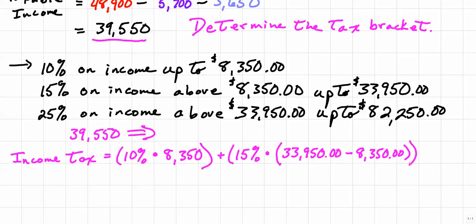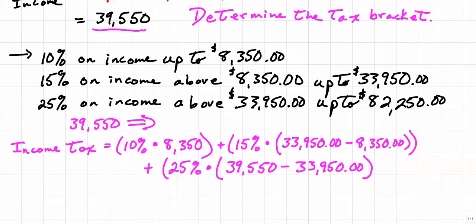And then we're going to add to that the 25% times the remaining amount of money, and we'll get that by taking the taxable income of $39,550, because that's her upper limit, because that's what she earned, and we will subtract from that the lower limit of $33,950.